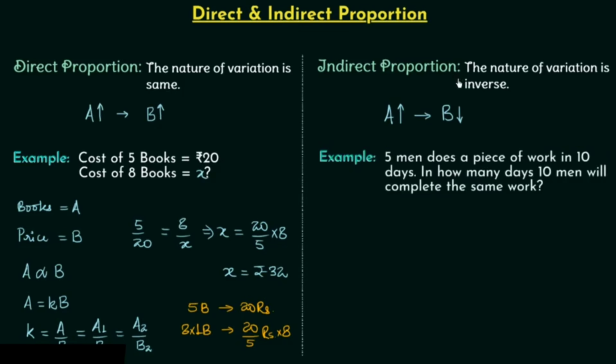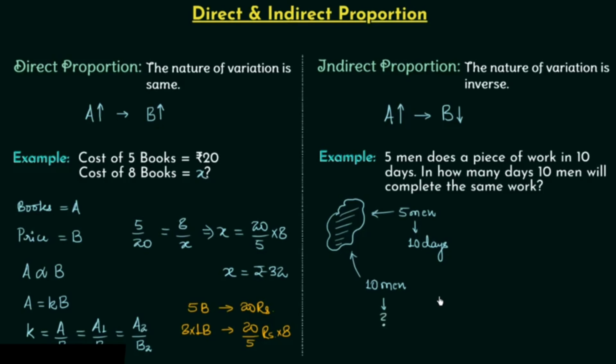In this problem we have a piece of work, and 5 men are doing this piece of work in 10 days. Now we have increased the number of men. We now have 10 men to complete the same piece of work, and this time we need to find how many days 10 men will take.